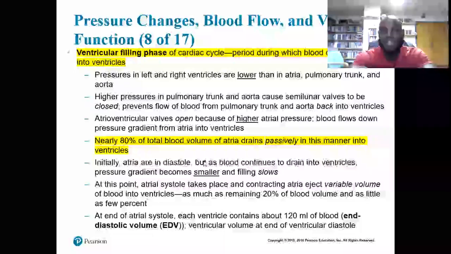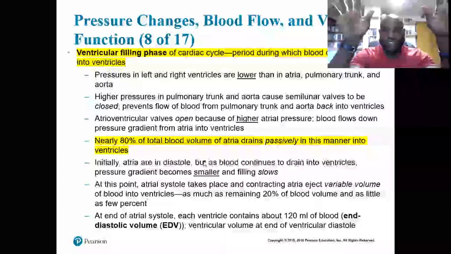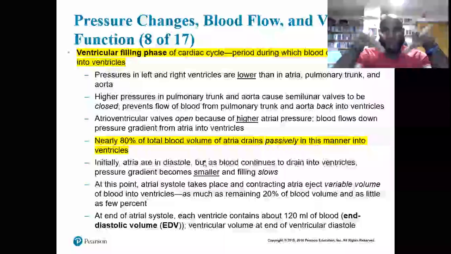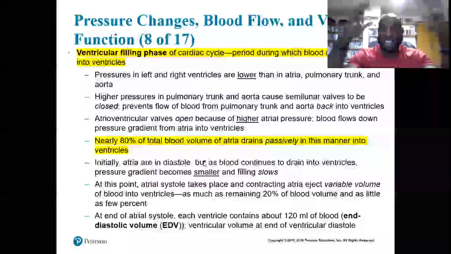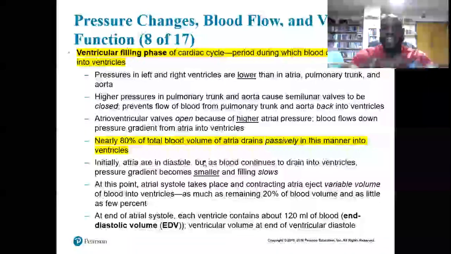Right, so the filling, very simply, pressure in the left and right ventricles is lower than in the atria. Remember, fluid moves from high pressure to low pressure. So the pressure is higher in the atria, higher in the pulmonary trunk and in the aorta.